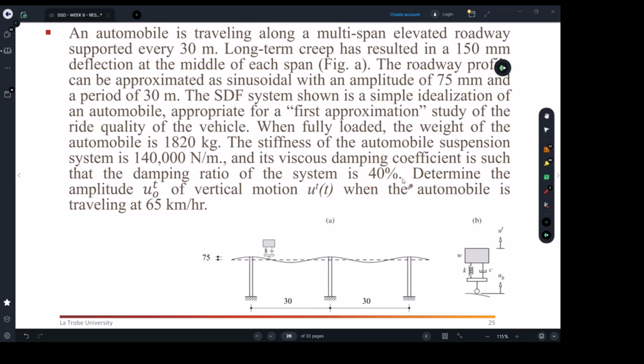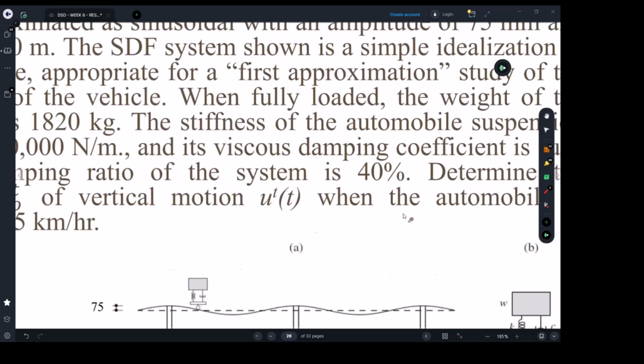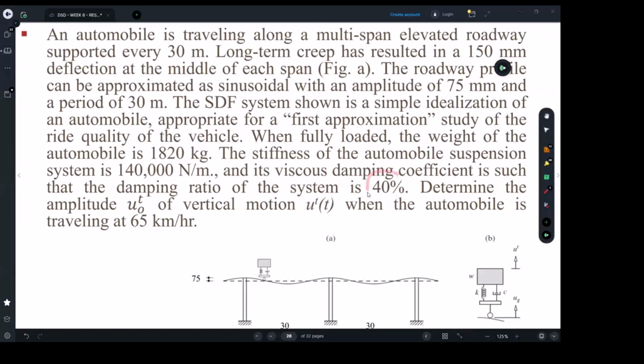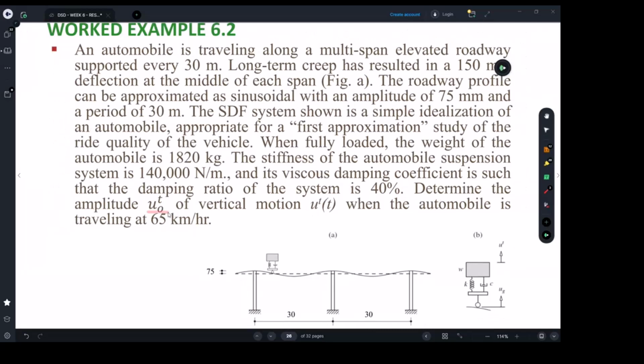There is a mathematical relationship between the C value and the damping ratio, and they're saying that for whatever C value we have, it can be calculated that the damping ratio is actually 40%. What they want us to determine is the amplitude of the vertical motion, right?